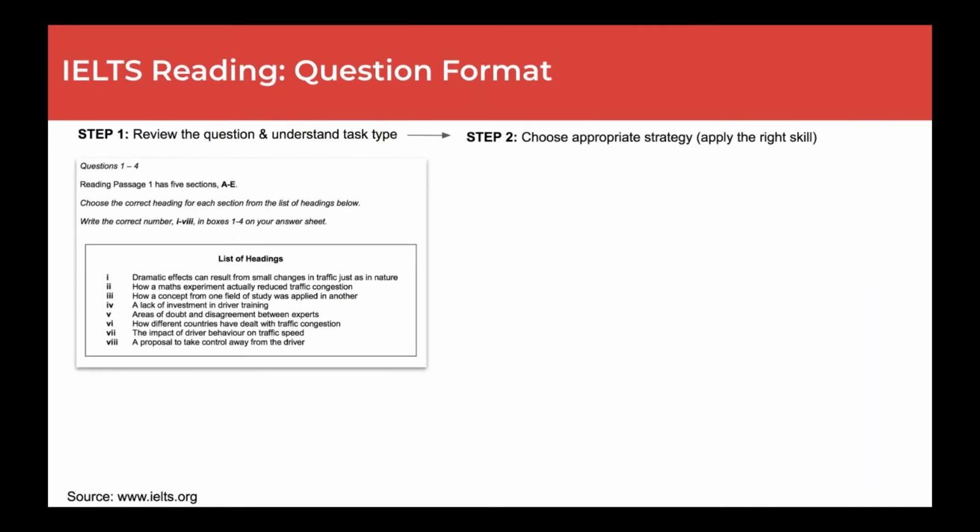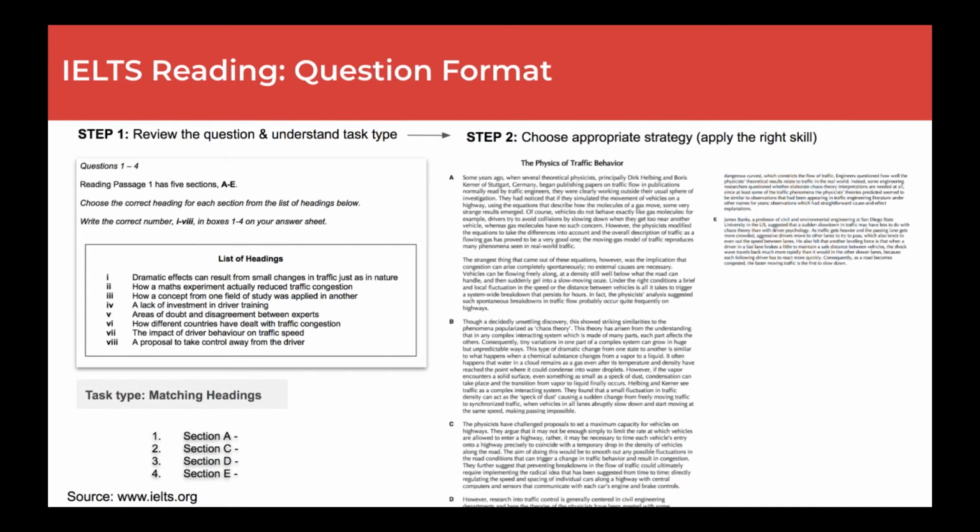Here is our list of headings, and we're going to be working with the first section, which is an introduction. We need to work with section C, which looks like a part of a main body, and then D and E, where D is a part of the main body, and E could be the conclusion, or it could be one of the main body paragraphs.